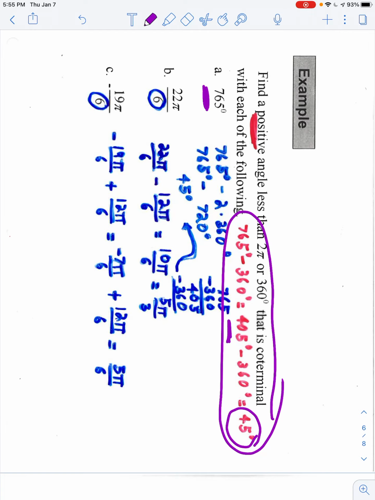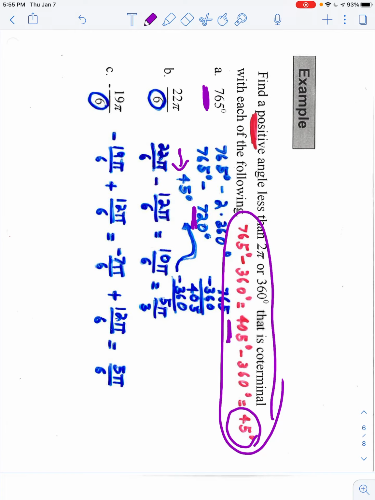If you want to figure out that 2 multiples of 360 is 720, and then subtract that from 765, you can to get the same answer. But to me, it's just simpler to subtract 360. If it's still too large, subtract again, and just keep repeating till your answer is within 1 revolution.